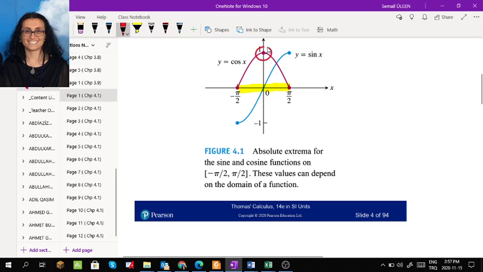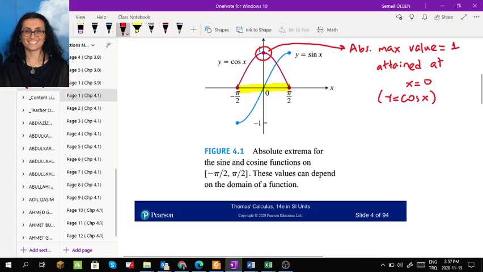This is the biggest value for cosine x here, and that's why we call it the absolute maximum value. The absolute maximum value is 1, attained at x equals 0. This is for y equals cosine x.